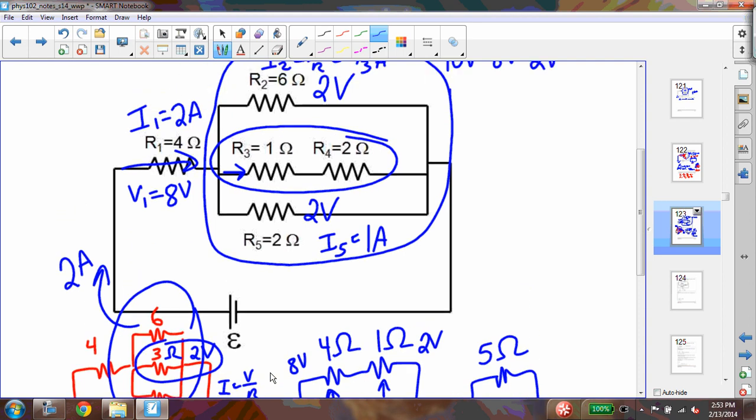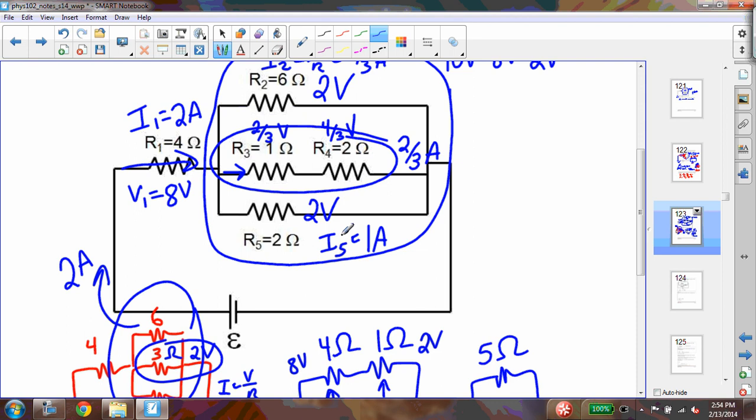That means I have 2/3 of an amp going through both of those resistors. And so IR gives 2/3 volts and 4/3 volts, which add up to 6/3 volts, which is 2 volts, what I know is across these other branches.